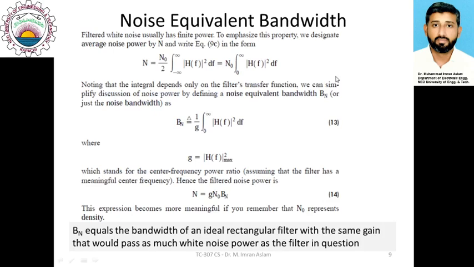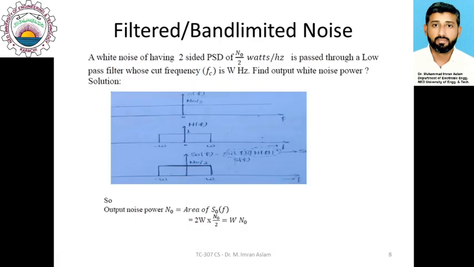Another important concept related to this situation is that of noise equivalent bandwidth. As I have previously mentioned, for noise, the output power spectral density is actually dependent on the filter that we incorporate in the system. Typically these filters do not have an ideal response, rather they have some practical response.